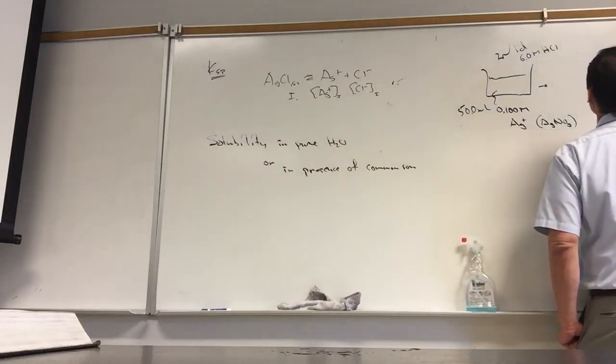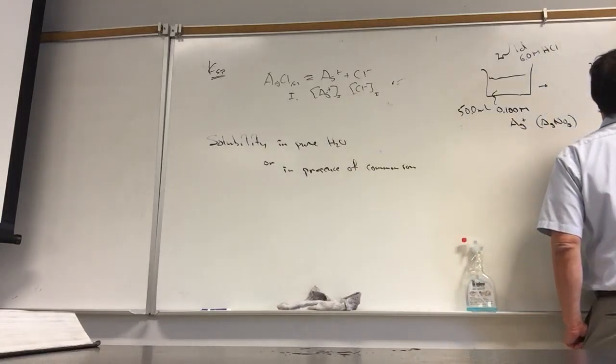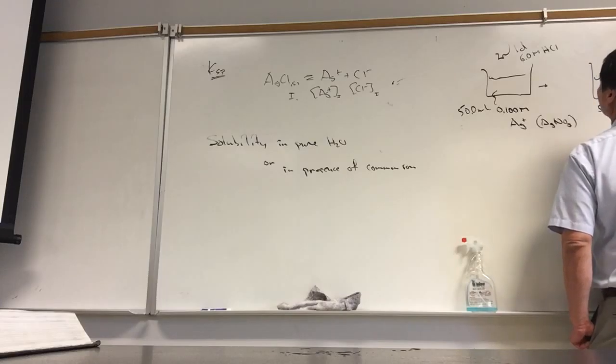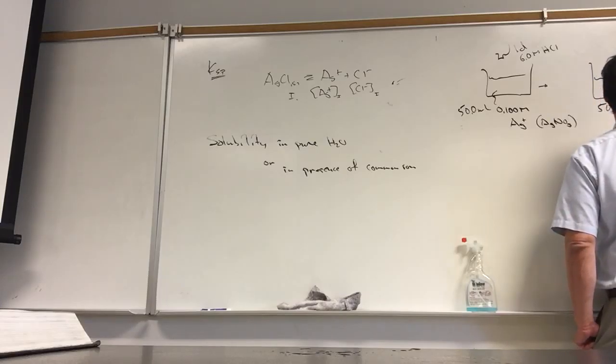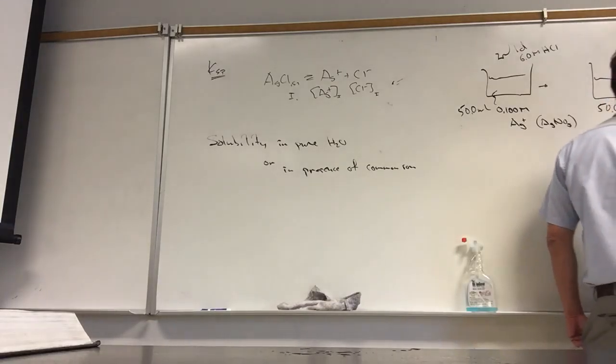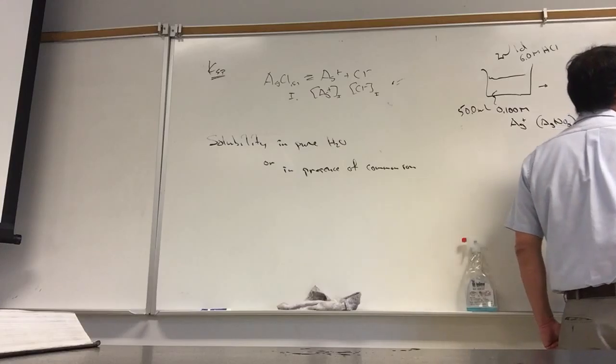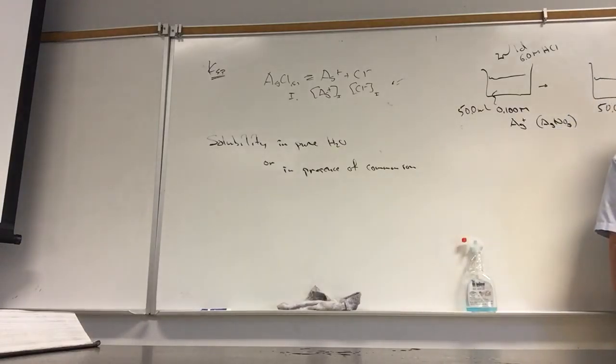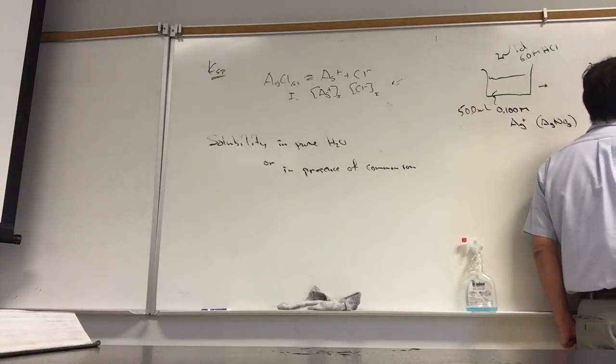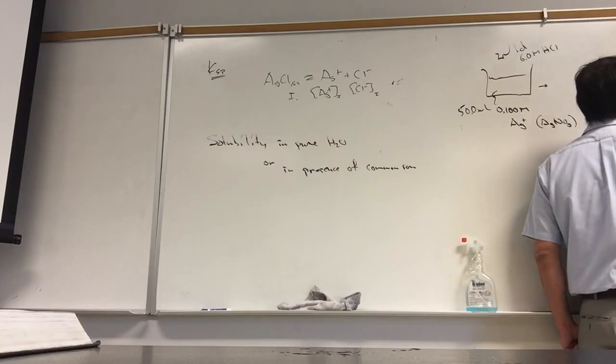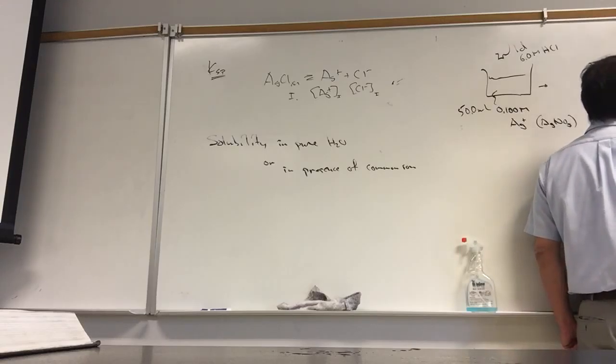And we'll have to get the HCl concentration. 1 drop will count as 0.05 milliliters. So it's going to be a 0.05 to 50.05 dilution of 6.0 molar. The concentration changed significantly. This is a pretty big dilution.